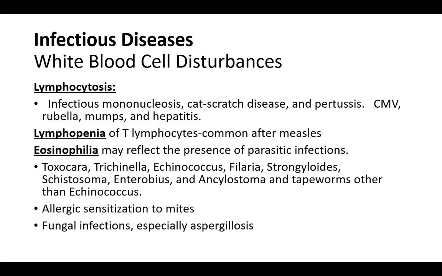So when you encounter a patient with eosinophilia, which is more than 5% of the total leukocyte count, you should suspect those parasitic infections: Trichinella, Echinococcus, tapeworms, schistosoma, enterobius, etc. Also, it may be due to allergic sensitization to mites and in certain fungal infections, especially aspergillosis.